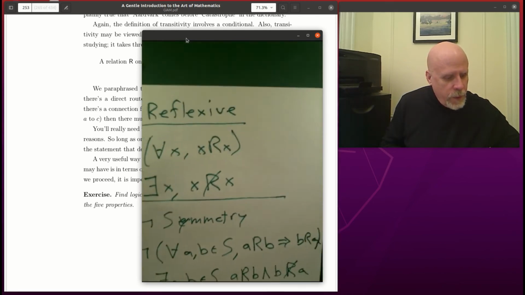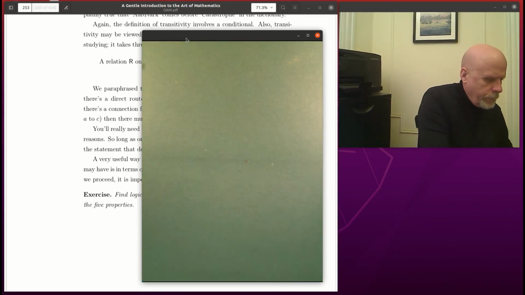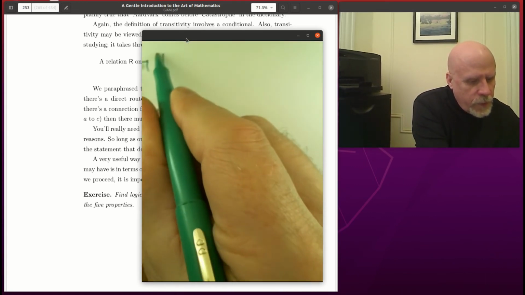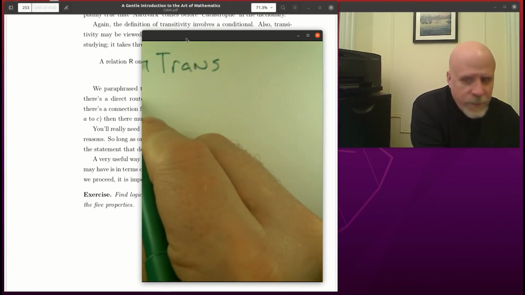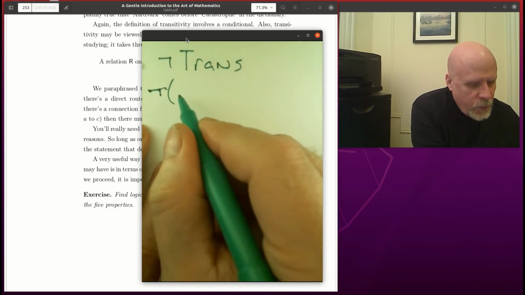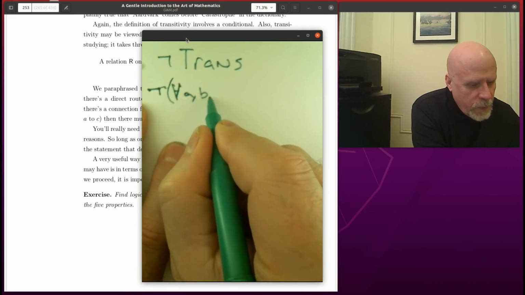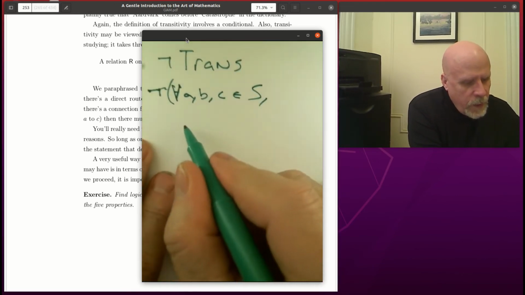And finally, we've got to say what's the negation of transitive. What does not transitive look like? Well, the property for transitive was universally quantified with three variables. And what do we have?